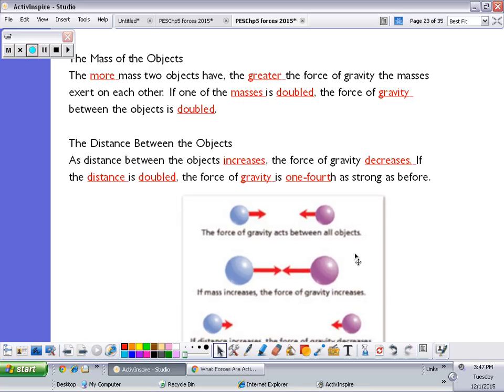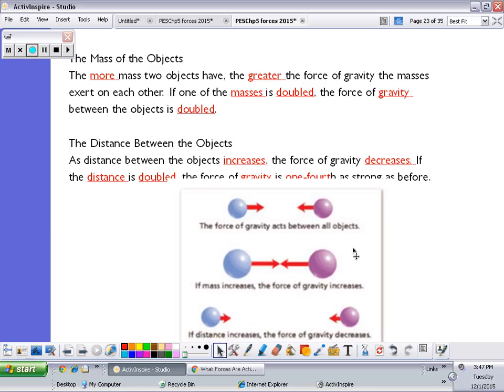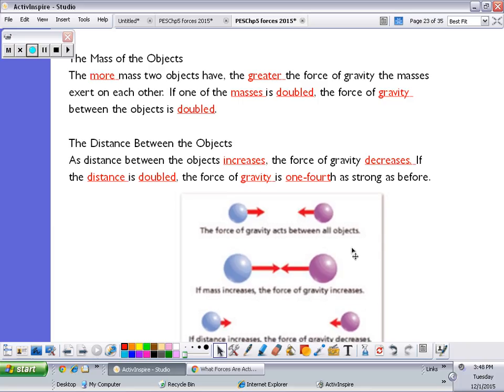So here we look at objects and how far apart they are, and the size of them will be affected as well with gravity. The more mass two objects have, the greater the force of gravity the masses exert on each other. If one of the masses is doubled, the force of the gravity between the objects is doubled. Now with the distance, if the distance between the objects increases, the force of the gravity decreases.